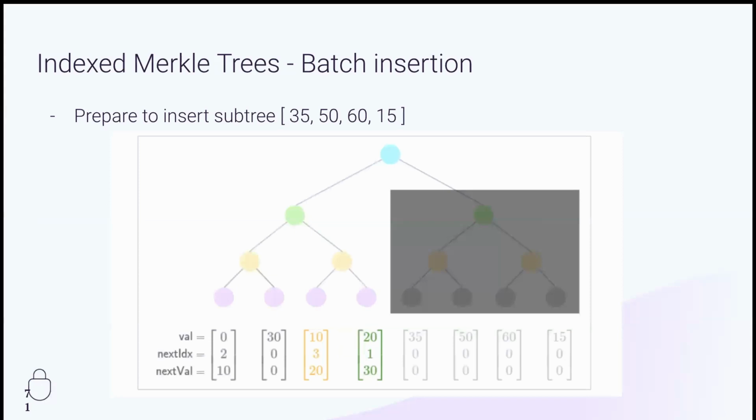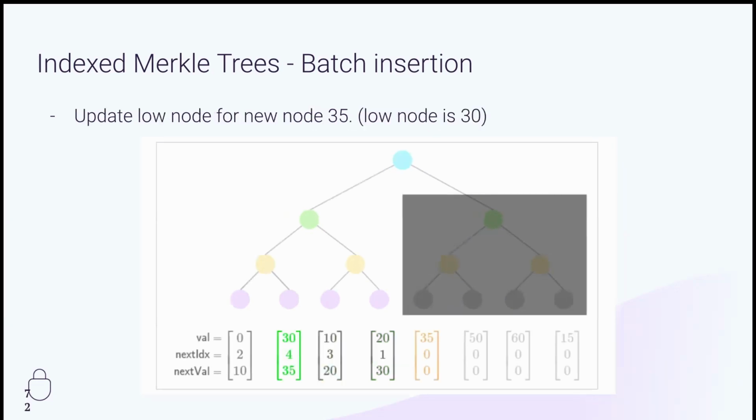So if we try to insert a batch, we are going from the tree we had before, and then we're saying we want to prepare a subtree and insert 35, 50, 60, and 15. And so inserting this subtree marked with the gray square, initially we will need to update what was already in the tree. These are sometimes called low nodes or the predecessor.